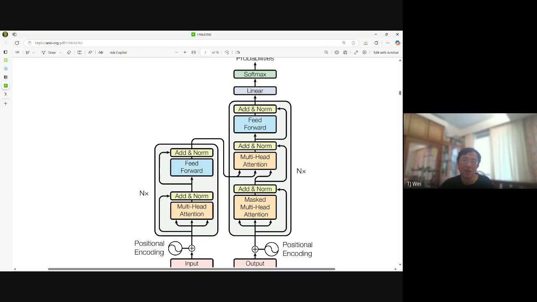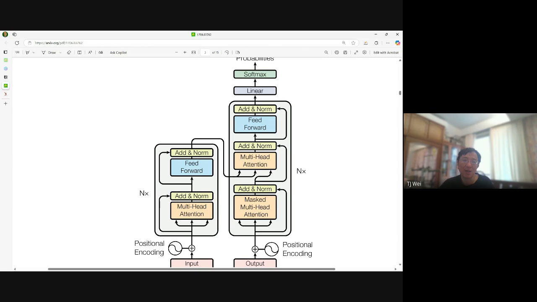According to this illustration, there are some other subtle differences which we will talk about later in this lecture, or next week. The crucial difference is the middle block right here.